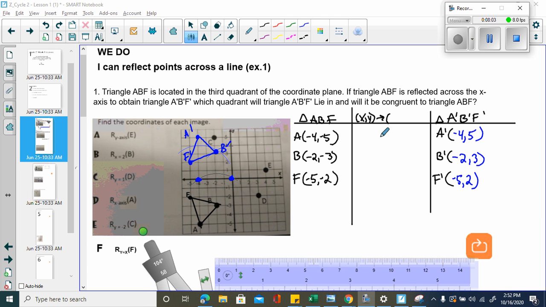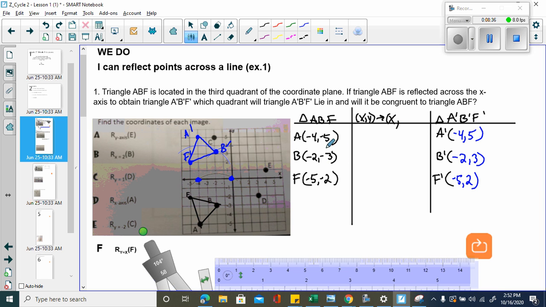Now I'm trying to see if I can see a rule. Let's look at our coordinates. We have -4, -5. We look to the right, we have A prime is -4, 5. We notice that on both sides, the original and the reflected coordinates, the x value is the same. The x is not changed. So my x coordinate is not changing.